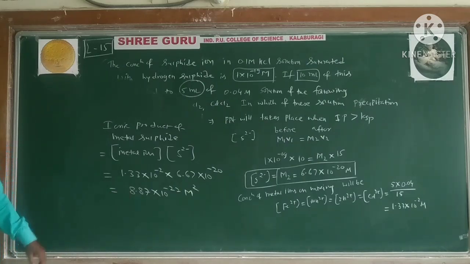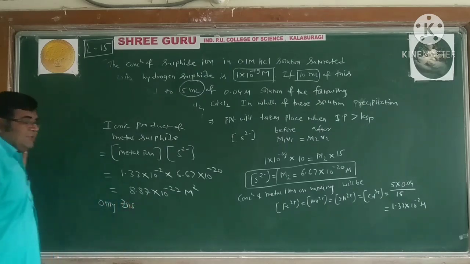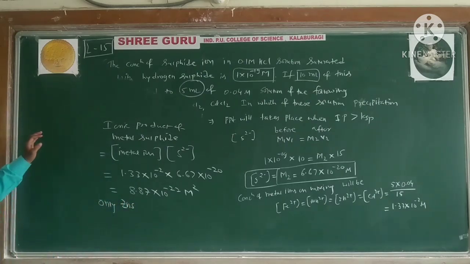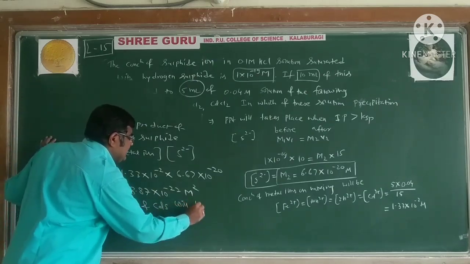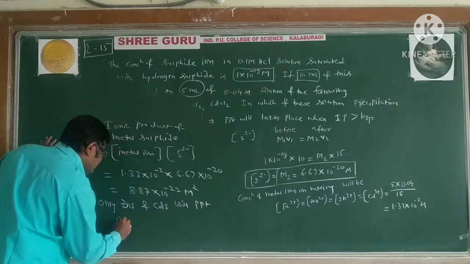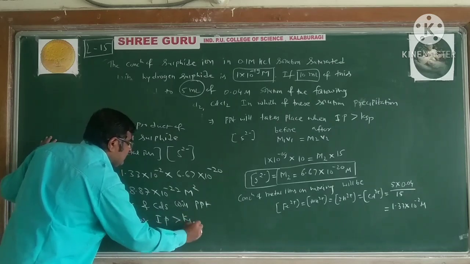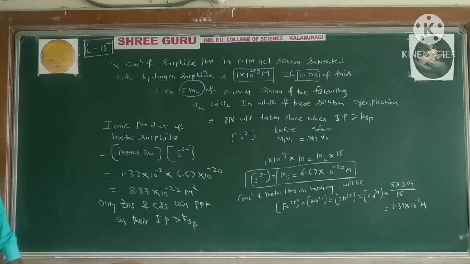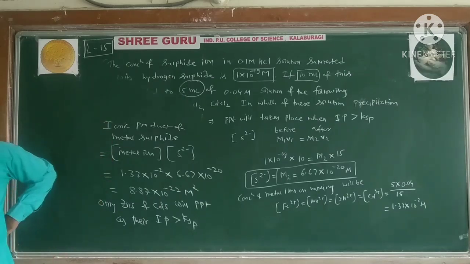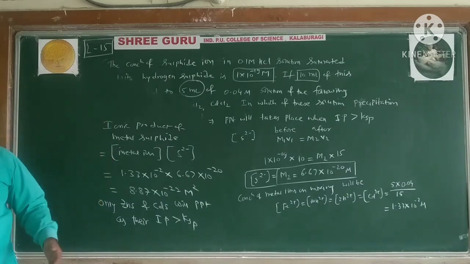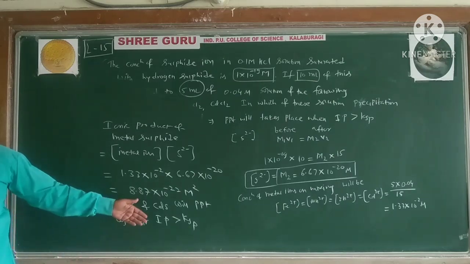We can say only zinc sulfide and cadmium sulfide will precipitate as their ionic product is greater than solubility product. We have written values here. FeS is 6.3 into 10 raised to minus 18, which is greater than 10 raised to minus 22.